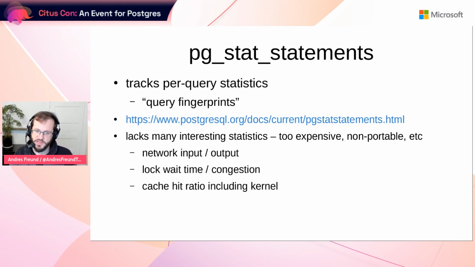But it does not currently track, for example, whether we hit the kernel cache, and that makes it harder to tune shared buffers. It does not know whether the query was slow because a lot of data was sent to the client, for example because it was outputting the whole database in one query.